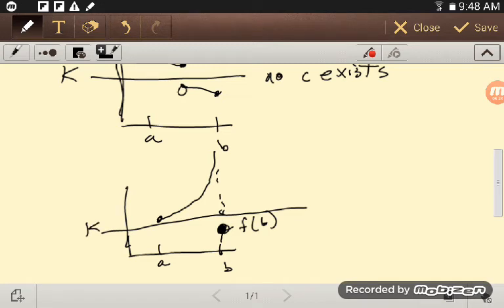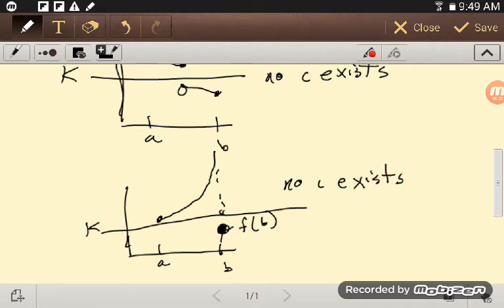If I'm a little fancier, I could probably think of another example that uses the open interval part, but we still can't reach k. Anyway, no c exists.